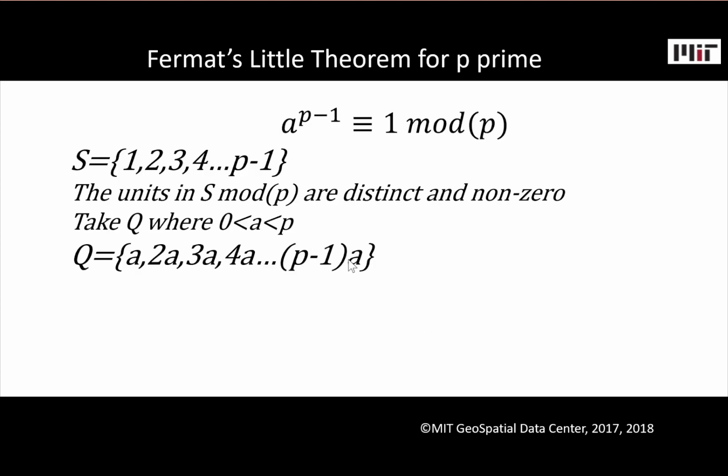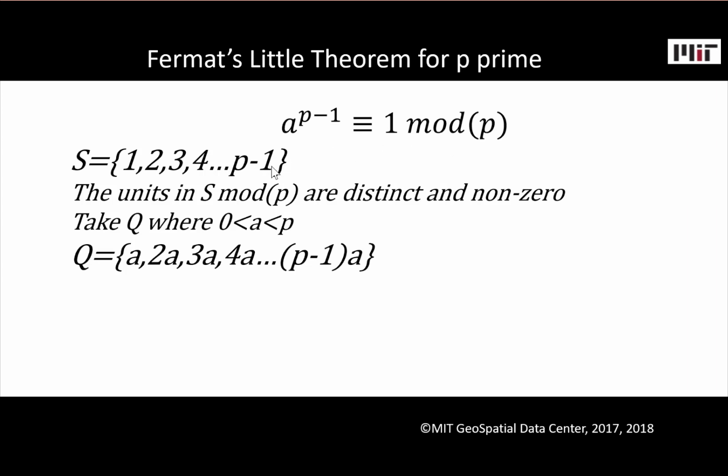So let's take a look at Fermat's little theorem for a prime value, p being prime. If p is a prime value, then a can take all the values up to p minus 1, because none of them divide into p.